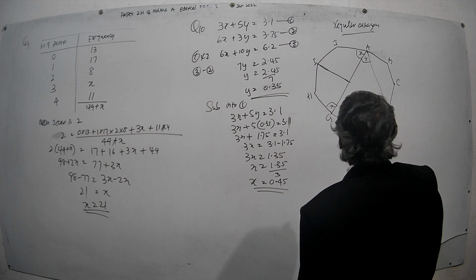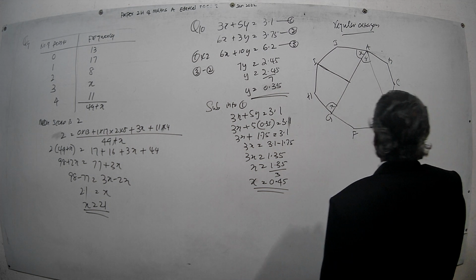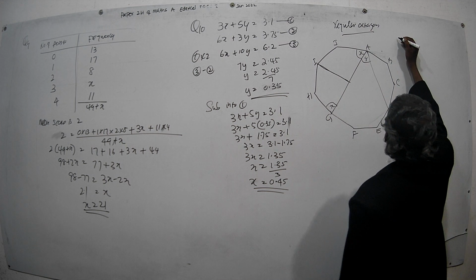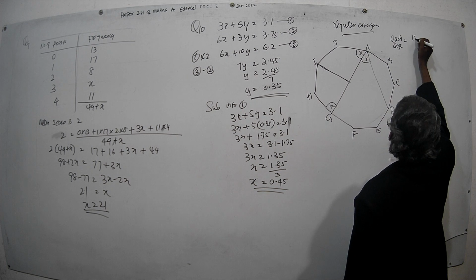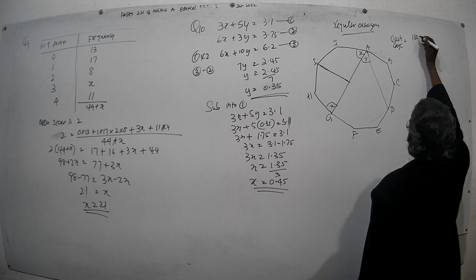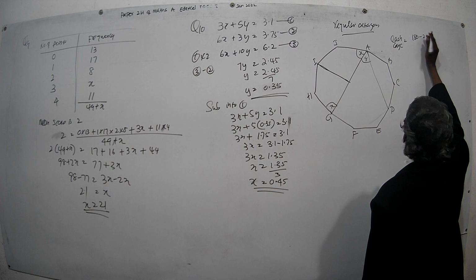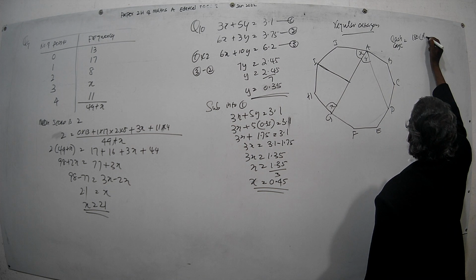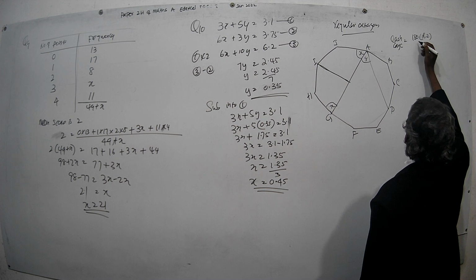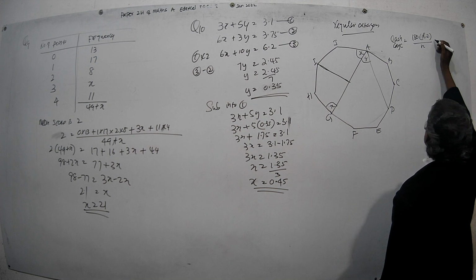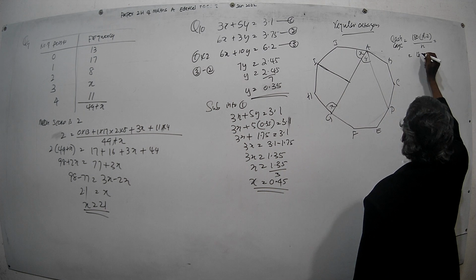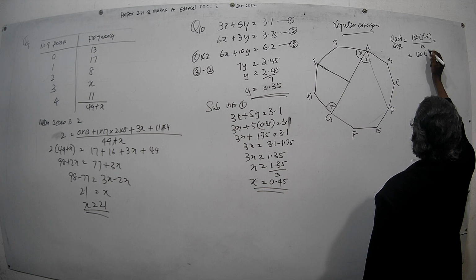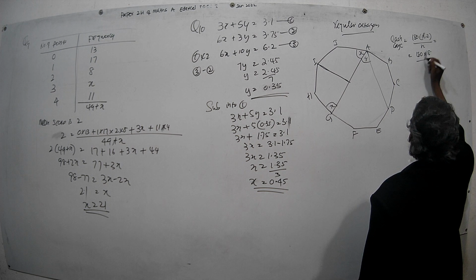Each angle of a regular polygon equals 180 times (n minus 2) divided by n. Here there are 10 sides, so 180 times (10 minus 2), that is 8, over 10.